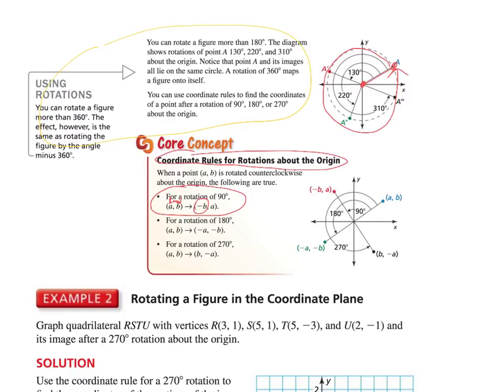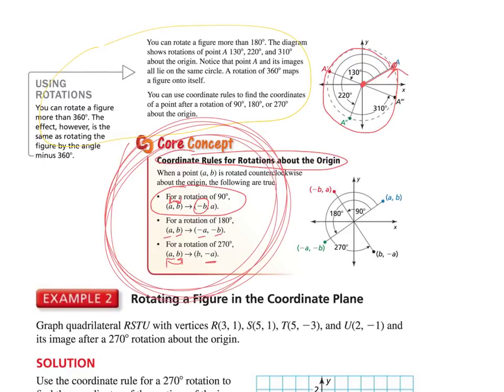For a 180-degree rotation, the values stay where they are, except they become negative. For a 270-degree rotation, the values flip, but then the a value becomes negative. This is very important to keep in mind when working with rotation problems.